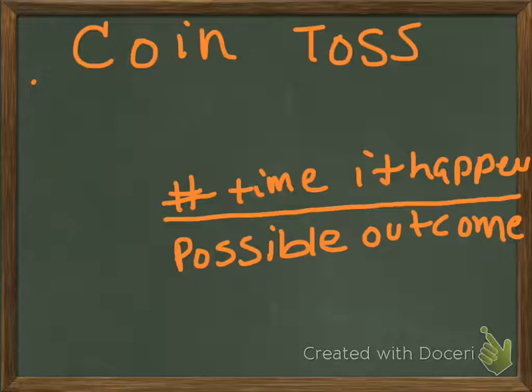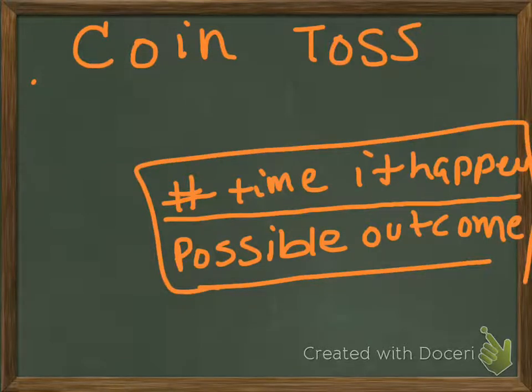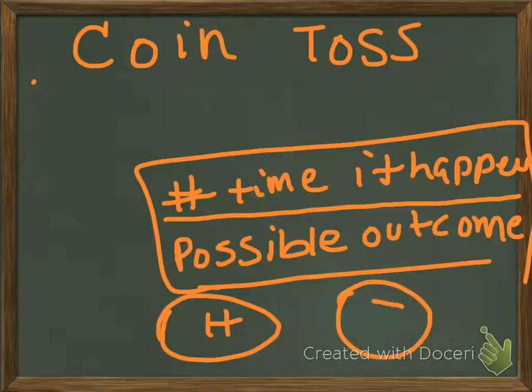Okay, so let's talk about a coin toss, okay? And so the 2 possibilities for a coin when it's flipped, it can land on heads or it can land on tails, okay? So let's go over here and do some analyzing.